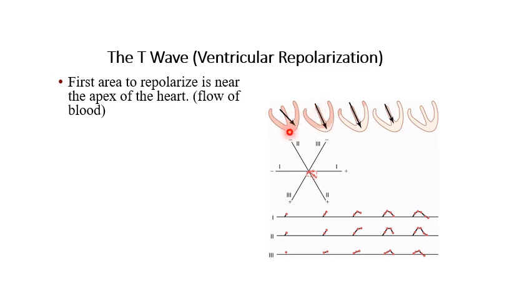So we know that from the inside of the cells, complete depolarization means positive charges from inside. So we can have here all positive charges from the inside of the cells. And then we will start to have negative charges again inside the cells from the apex, which is the repolarization phase. In repolarization, we know negative charge from inside will start to appear, which is the resting membrane potential.